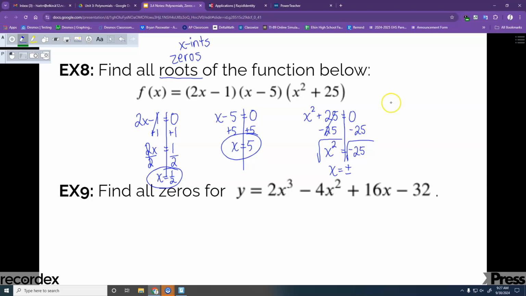It is going to be 5i. Because the square root of 25 is 5, but since it's negative, it's got to have that i with it, okay? Now, that is actually two answers, right, because of the plus or the minus. So you can list them together like that, or you could do x equals positive 5i and x equals negative 5i.